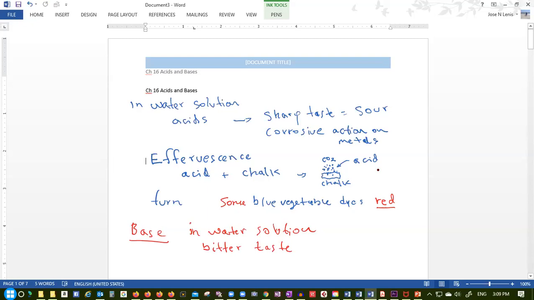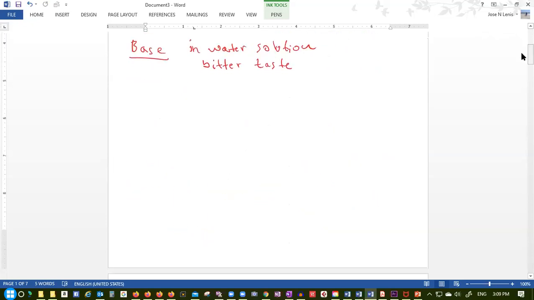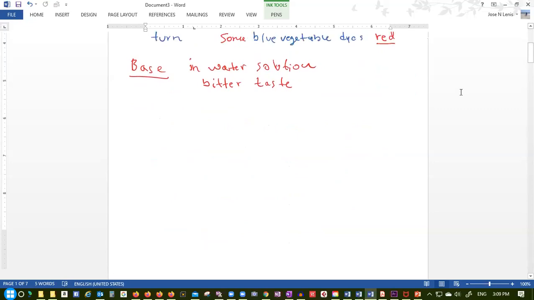Again, we know this because some foods, some edible substances, can have that bitter taste.